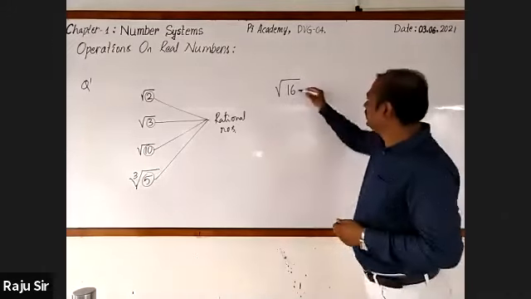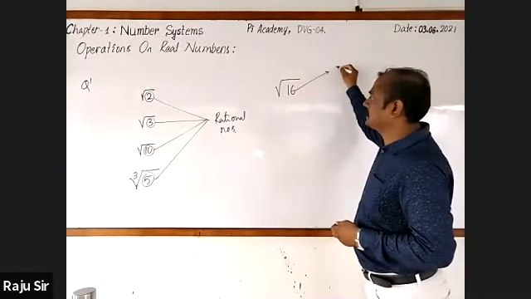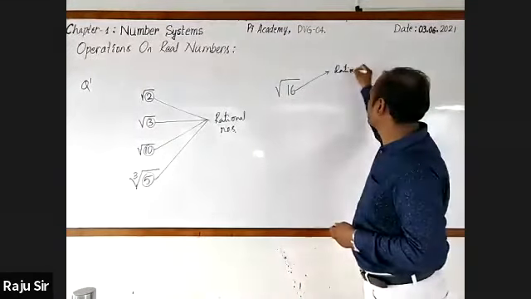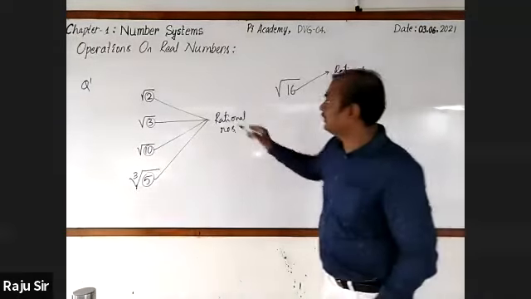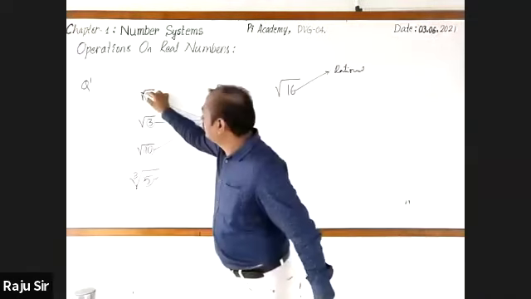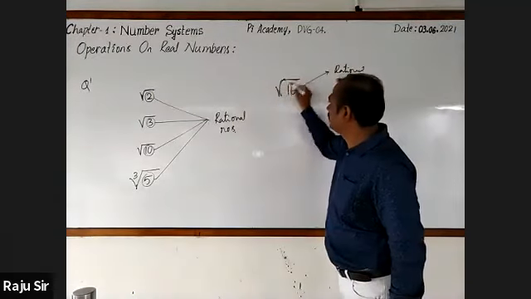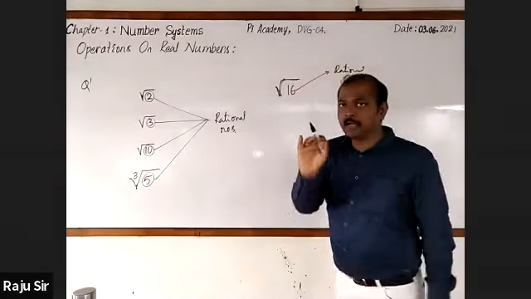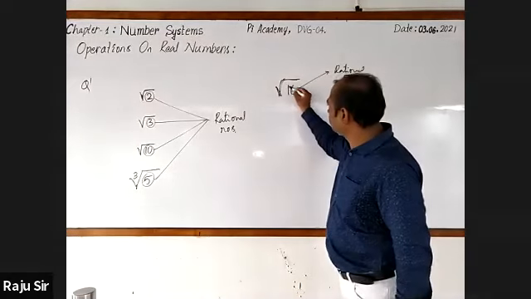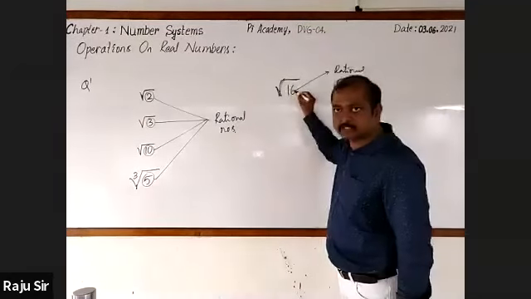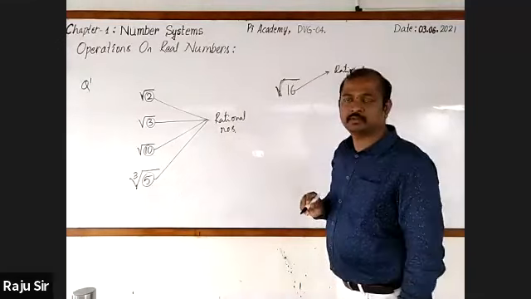I take another one. Root 16. Here 16 is a rational number. Look here. Here is root. Here is also root. Now my question is, is it possible to take out 16 from the root?